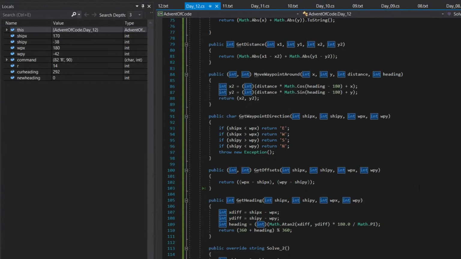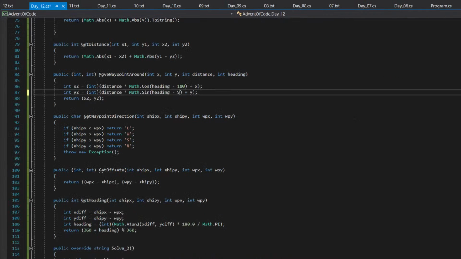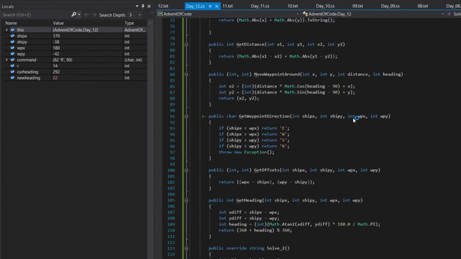Oh, it would help if I went to the right breakpoint. 176 and negative 25. So this one is close.